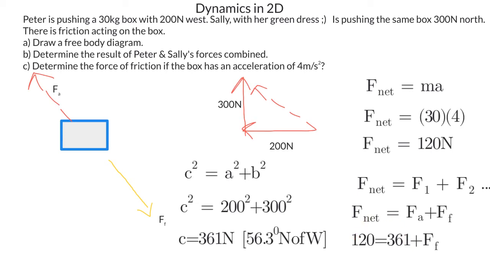And we'll get a negative. And it makes sense that the force of friction is going to be negative. It's going to be in the opposite direction of the applied force of 361. So when we calculate that out, we're going to get negative 241.